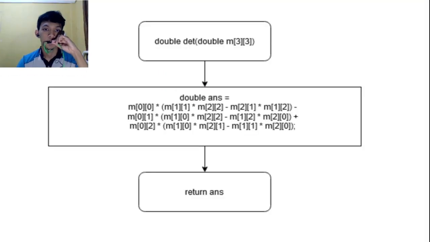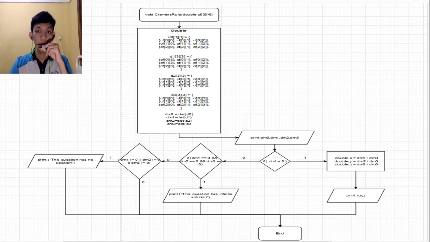So we will go to the double det. Basically this is the function to find the determinant of a matrix, and then it will return the answer to the Cramer's rules method. And after we find the determinant, we're going to print it.